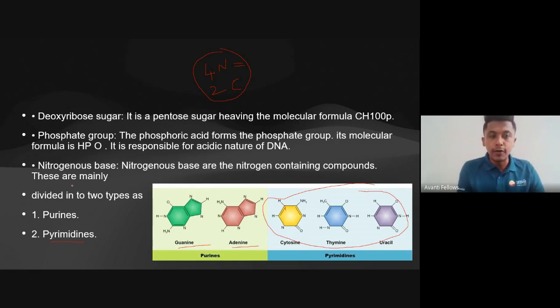Whereas if we talk about our purines, what we can see is there are two different types of rings. One is a pyrimidine ring, which I'll annotate as P, and there is another ring which is made up of 5 atoms. What about this small green ring?